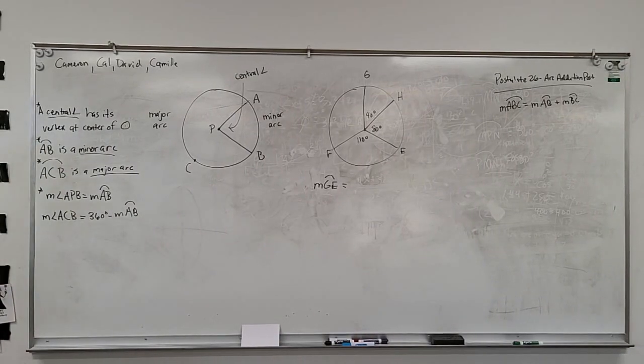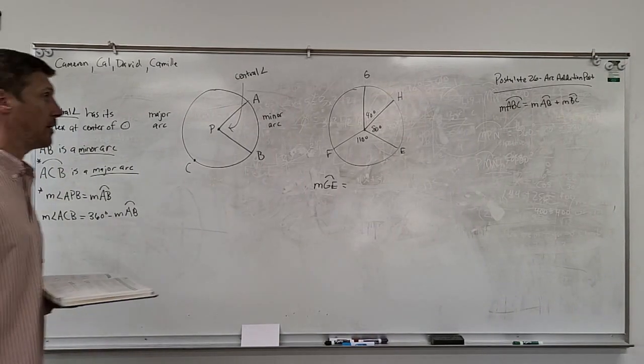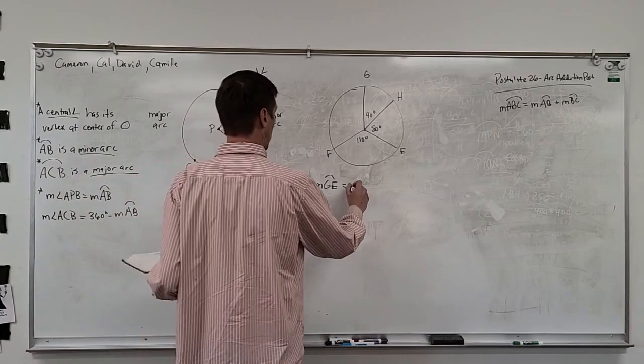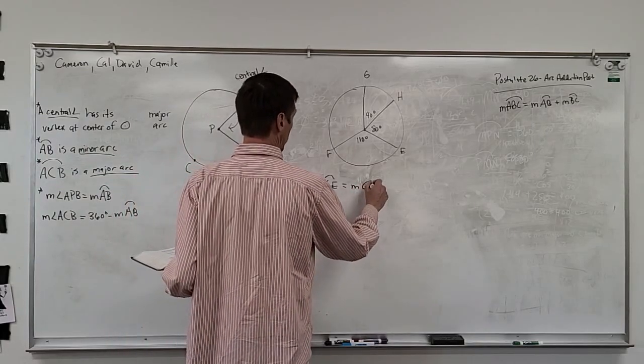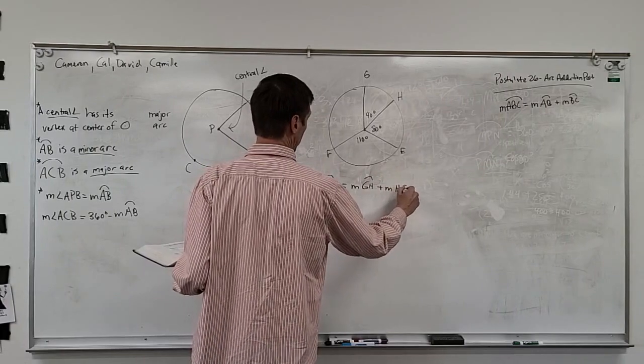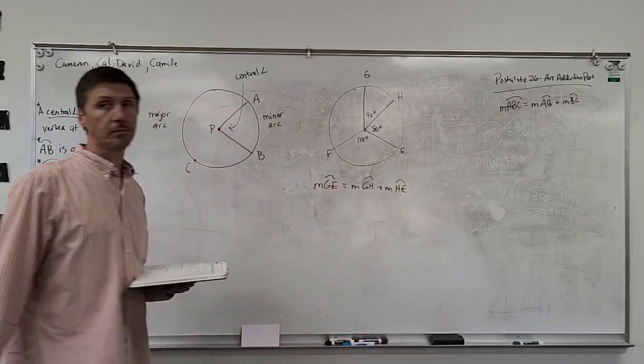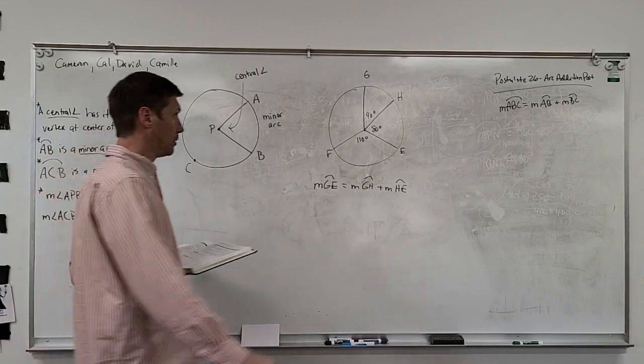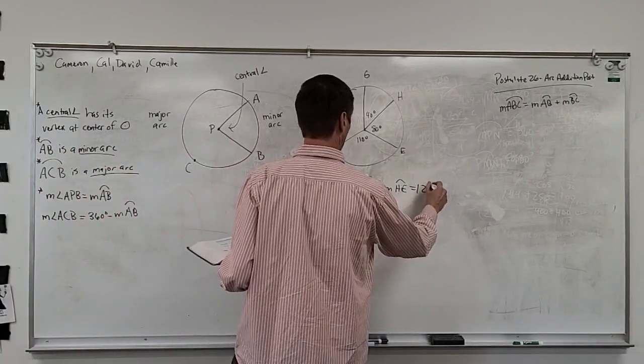Joshua. 120, and you got that by adding together the measure of arc GH with the measure of arc HE, right? Mm-hmm. So 120. Excellent.